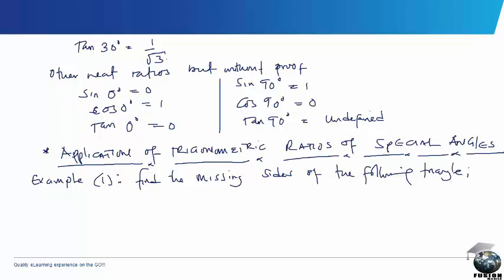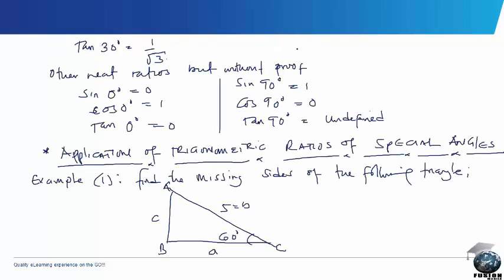Okay, and you're given this triangle inclined at 60 degrees. You have 5 on the hypotenuse, and the triangle is A, B, C. Sorry, A, B, C, and this side is C, the side A is missing, but the side B is equal to 5. And so you're trying to find the sides A and C.